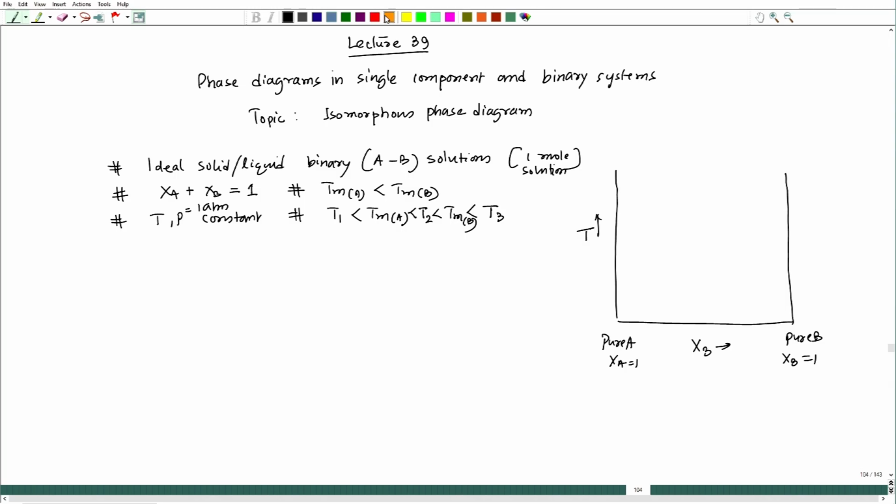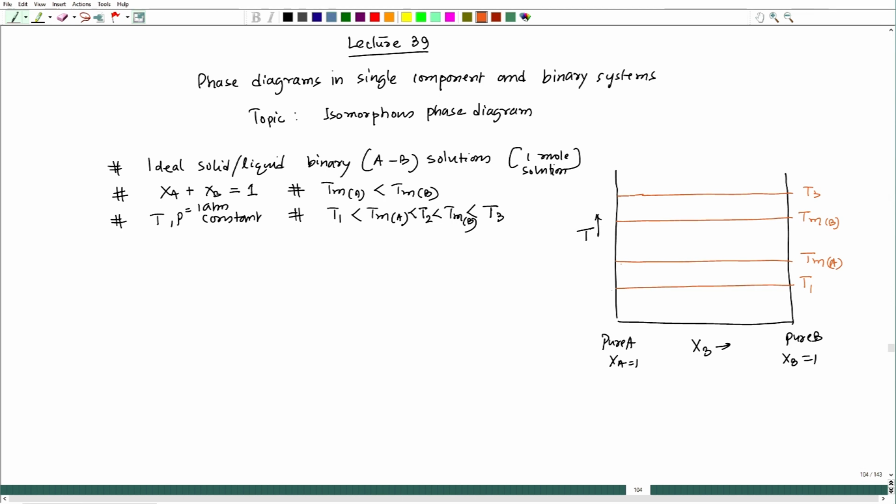This was one temperature, T3, then another temperature was TMB, here one temperature was T1, and this is another temperature, TMA.